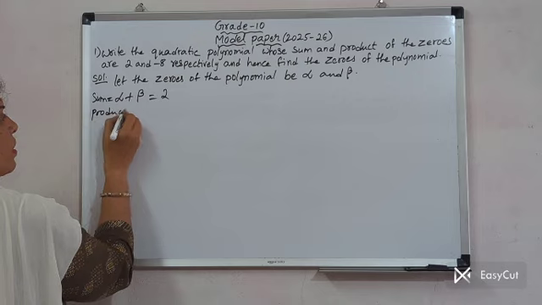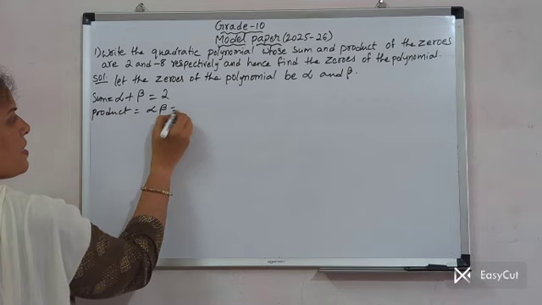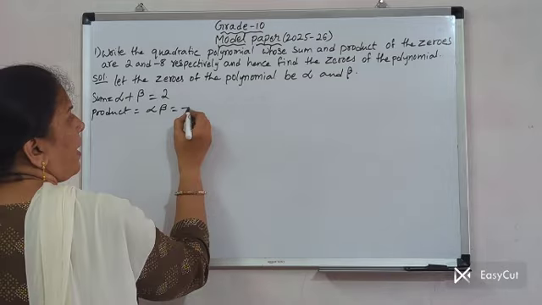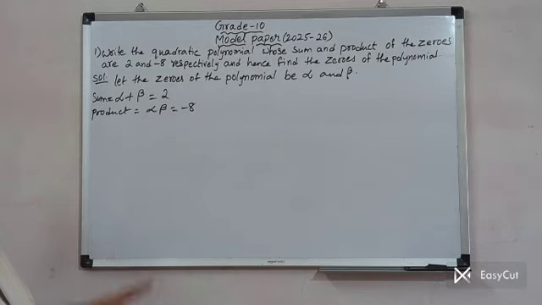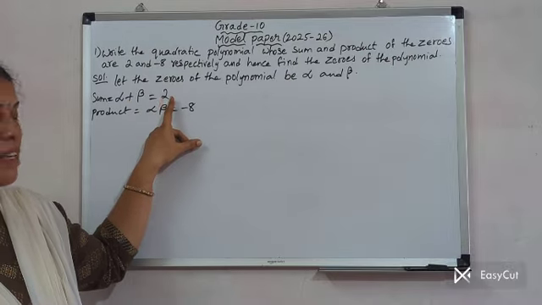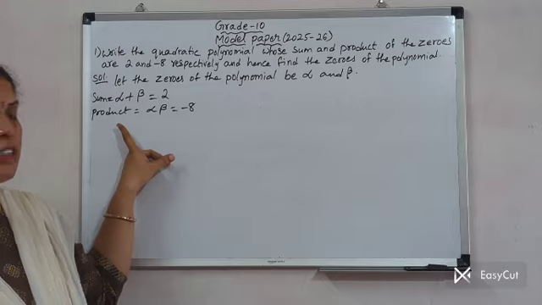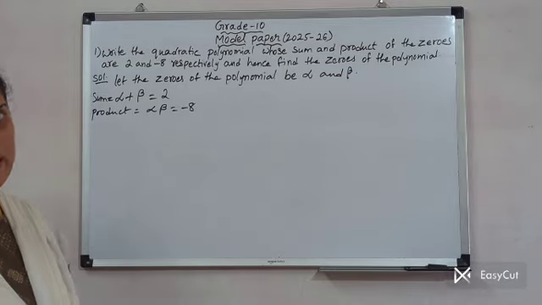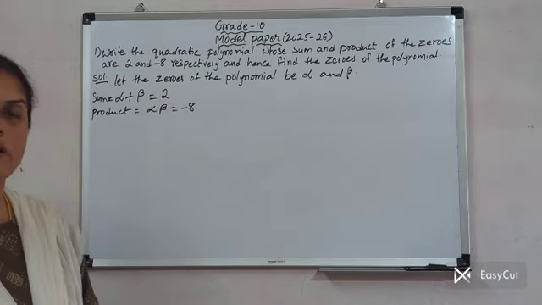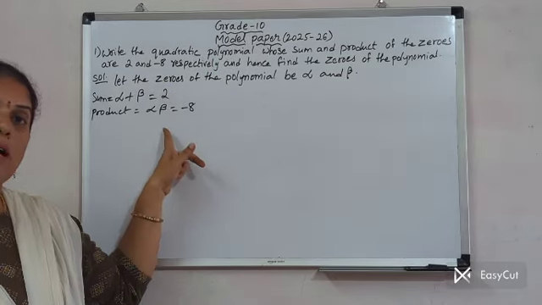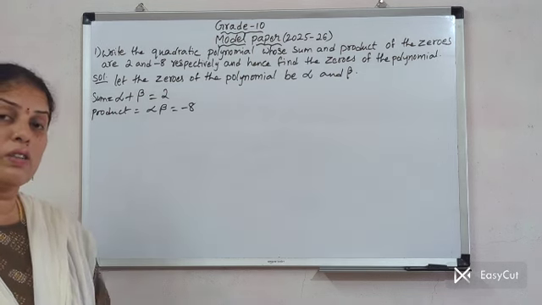Product is alpha beta, is equal to how much they have given as the product of the polynomial? Minus 8. All of you understood? Here the sum of the zeros of the polynomial is 2 they gave. That's why I wrote alpha plus beta is equal to 2. Product means alpha beta is equal to minus 8 they have given. Okay. We must write down a quadratic polynomial they told to write. What is the quadratic polynomial related to sum and product of the zeros?